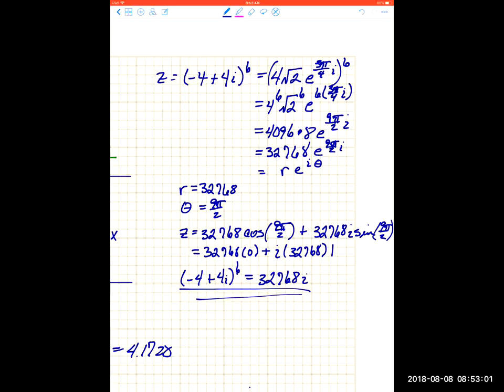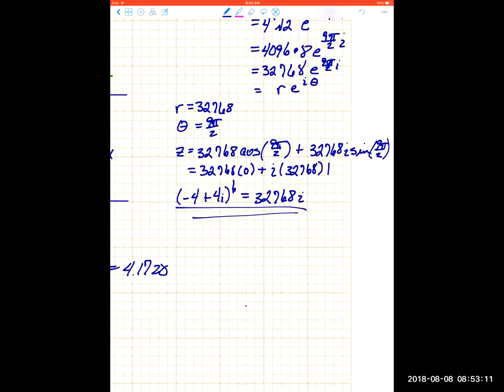Okay, this is why we use the polar form of complex numbers. This will also allow us to do things that we can't do any other way, like find the square root of 9i.